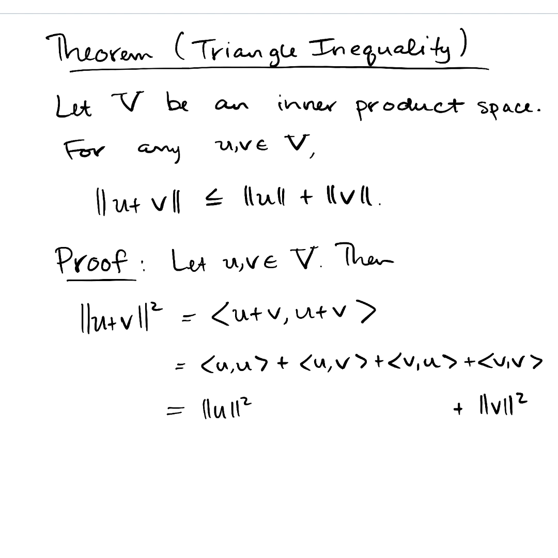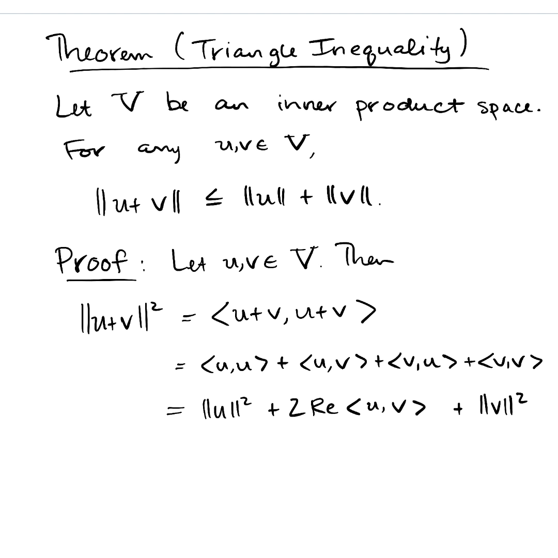We really don't know anything about these middle terms. But I know this much. I know that VU inner product is the conjugate of UV inner product. So those middle terms are the complex number U inner product V plus its conjugate. So those middle terms are nothing other than twice the real part of whatever the inner product of u with v is.